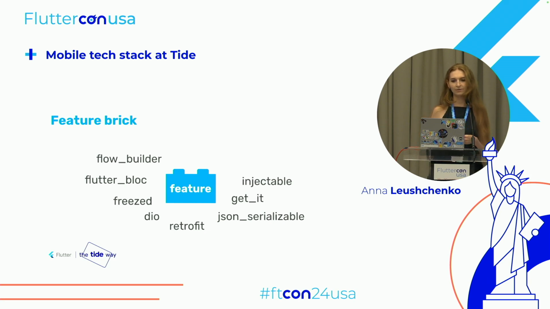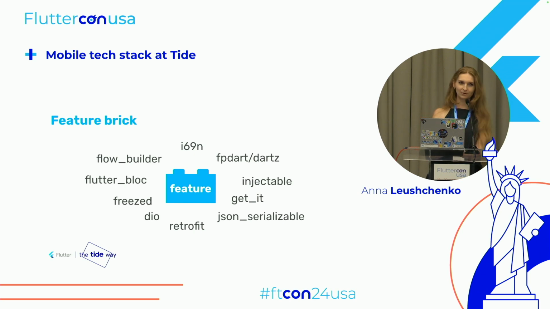And this forces developers to handle both success and failure scenarios and thus have a more reliable solution. At Tide, we use our own custom implementation for that, but FP Dart and Dartz libraries provide the same functionality. And finally, I should also mention that we implement the localization mechanism with the i69n package.